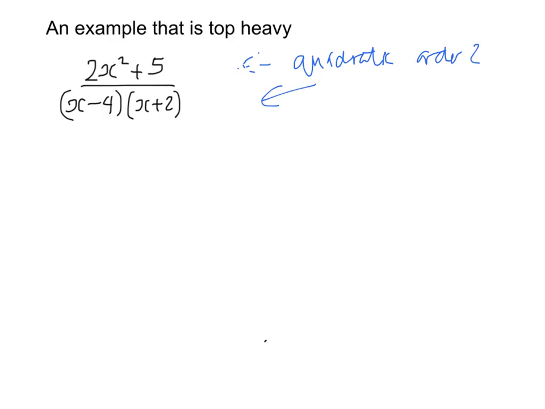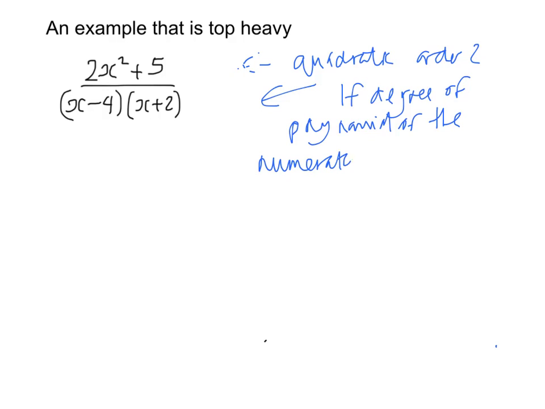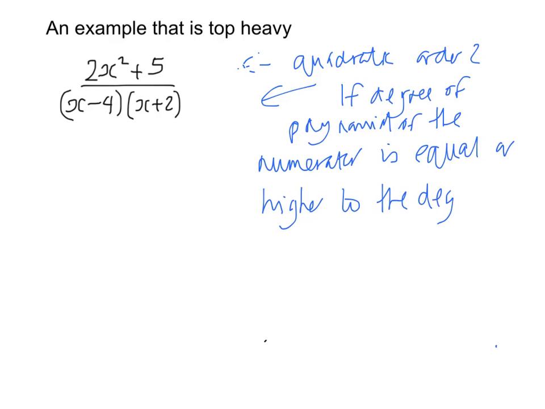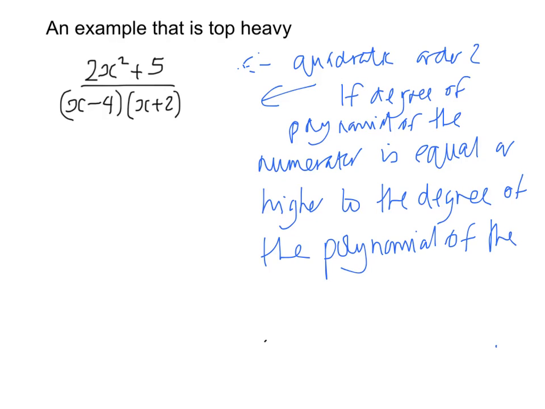So if the degree of the polynomial of the numerator is equal or higher to the degree of the polynomial of the denominator, then we say it's top-heavy.